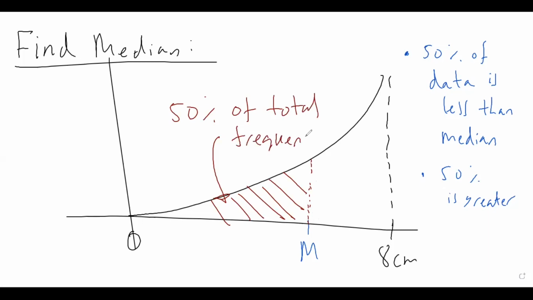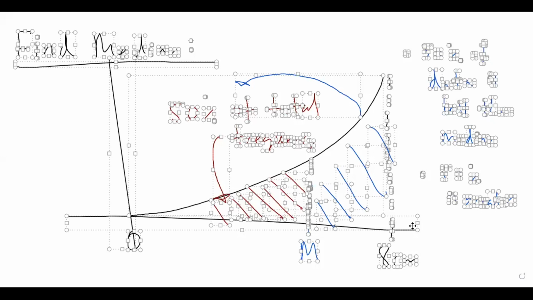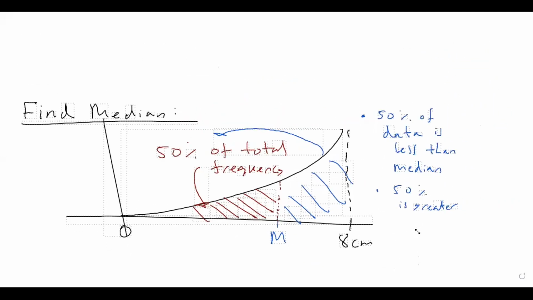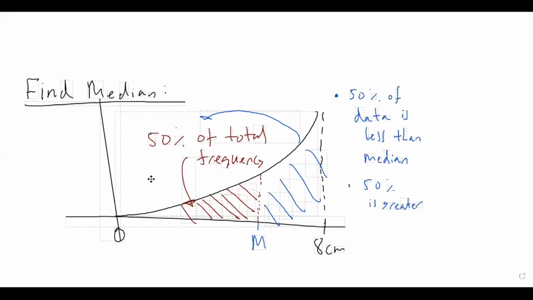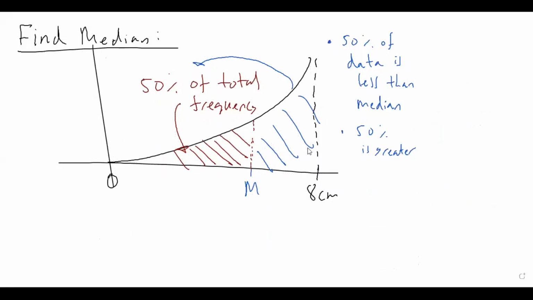And so likewise, the bigger area, this blue area there, also needs to be 50% of the total frequency as well, just because obviously 50% plus 50% is 100%. So if we want to find a median for any random curve, not a symmetrical quadratic one where we just go in the middle. Again, if you had a quadratic curve like the one in our question, just go in the middle, the line of symmetry, that is your median. For more difficult curves like this, you want to think about this like this.